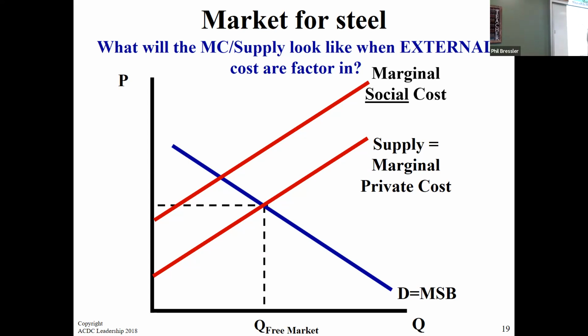Oh, one last thing, because Jacob is going to say to me, Mr. Bressler, is it this triangle, is it this? The point of the triangle here is always on the optimal line. The second thing I could say, if you take the market line always, that's going to give you your deadweight loss and your external cost.